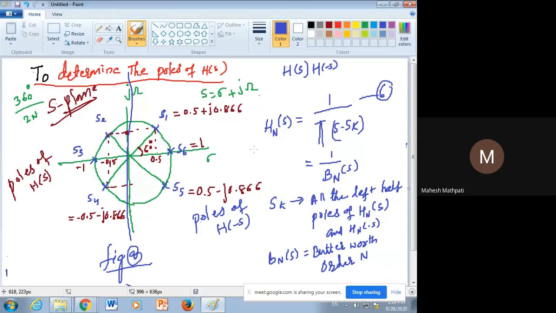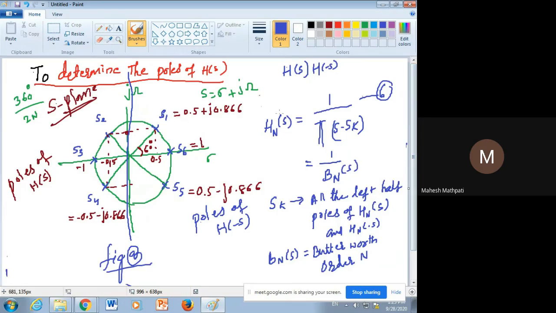Just add one more line: to ensure stability, and considering only the poles that lie in the left half of the s plane, we can write the denominator of the transfer function H of s as... What can we write now? Will someone tell me?